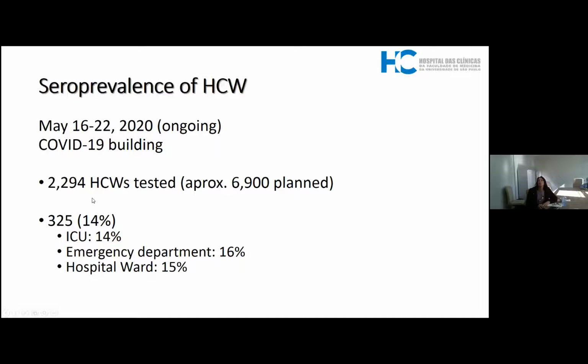And we have 14% positive. And most of these are not the ones, I mean, there are about 2%, although we've asked people who had positive PCR not to come, a few of them have come because they want to see if they have antibodies. So we have probably about 12%. And this is not different between the ICU, the emergency department, and the hospital ward.